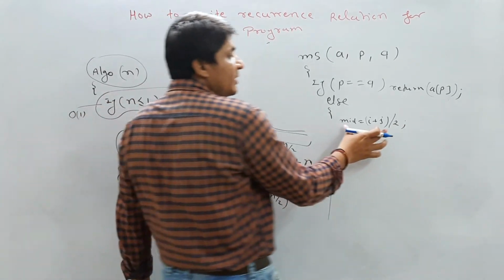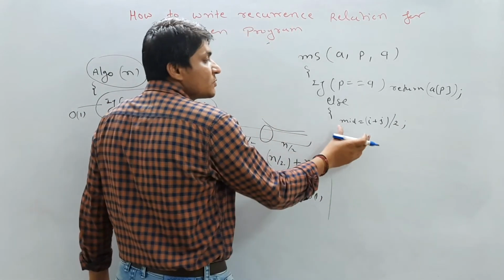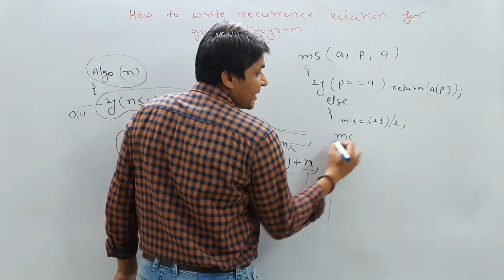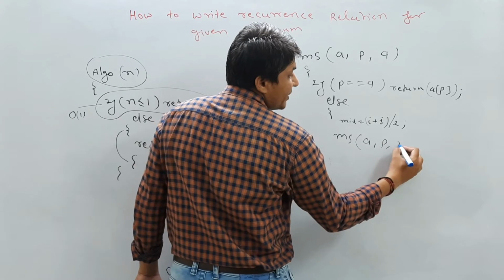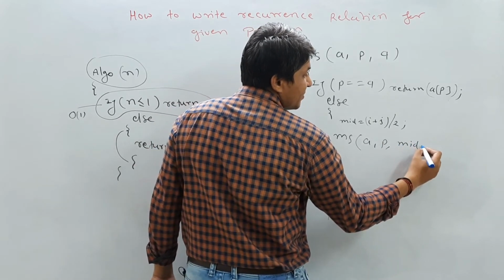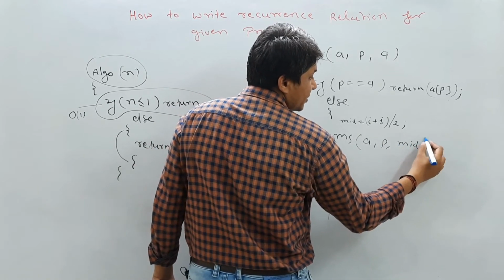Then after calculating mid, you are going to apply merge sort on the left hand side: A of P comma mid, or otherwise you can keep mid minus 1.